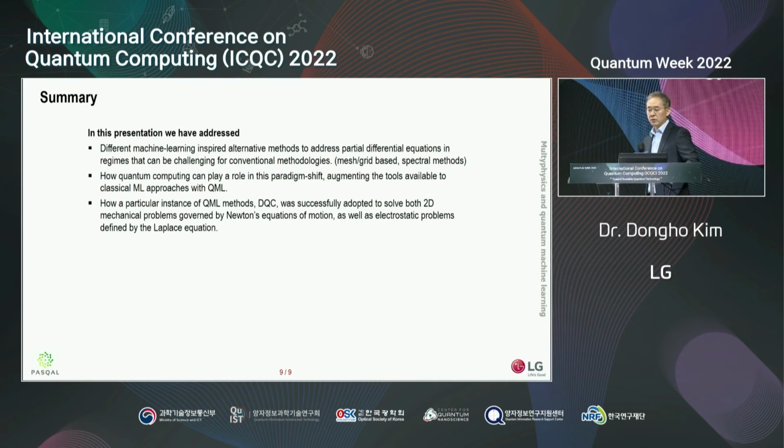We have done the 2D, and we are going to 3D. Right now, we are only resolving the Newtonian problem, but we are going to expand to a lot of other problems like fluid dynamics, aerodynamics, heat transfer, as well as the turbulence problem. That is what we have done so far in less than 1 year.